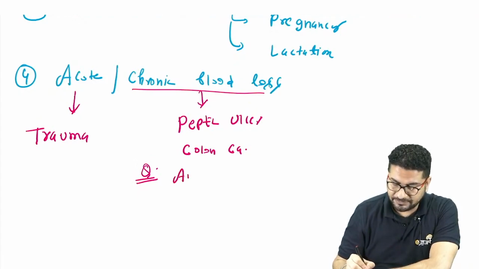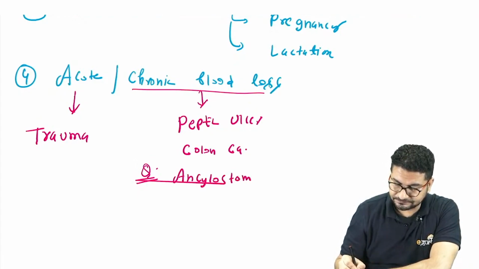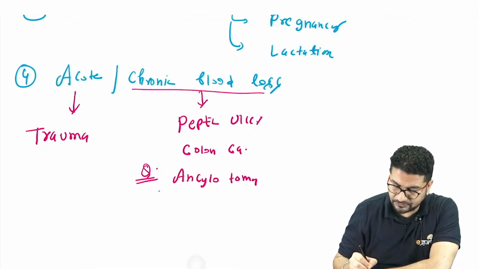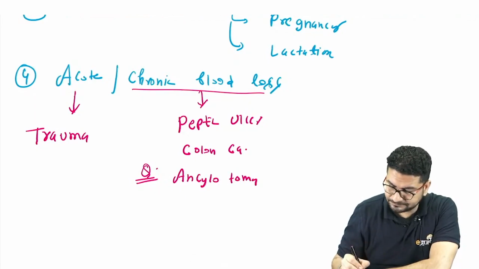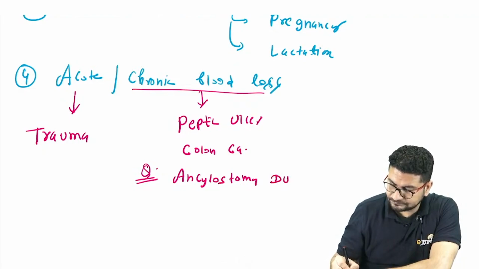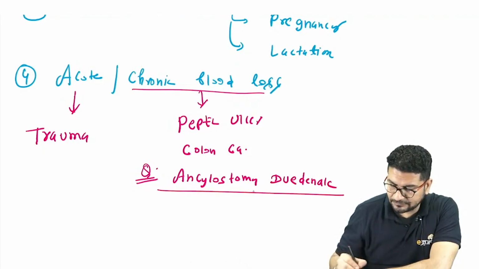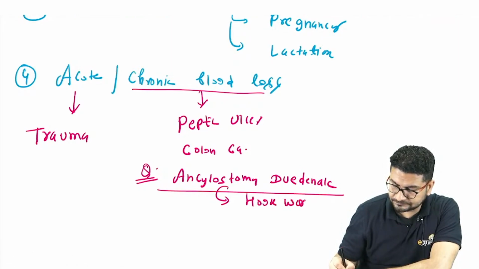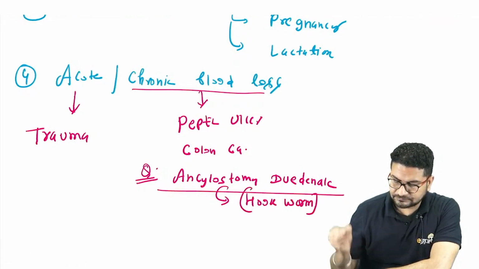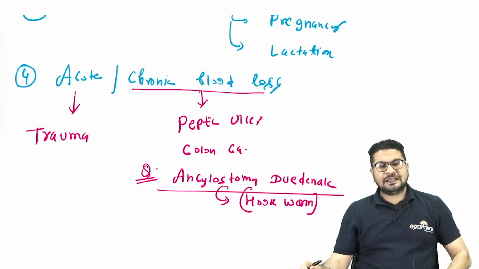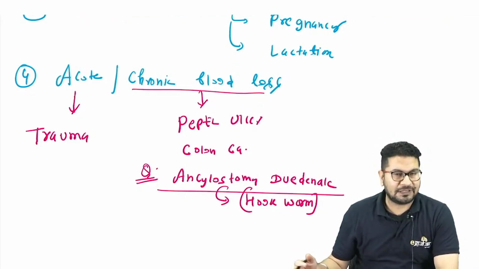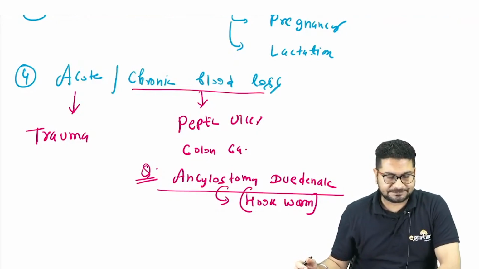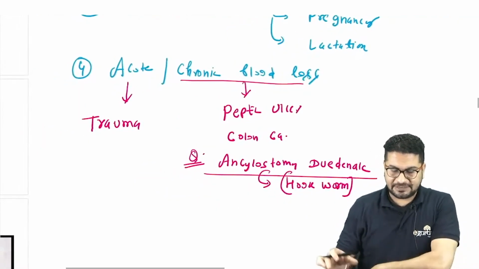That hookworm is called Ancylostoma duodenale, remember it is hookworm. It can cause blood loss and lead to iron deficiency. Am I clear?